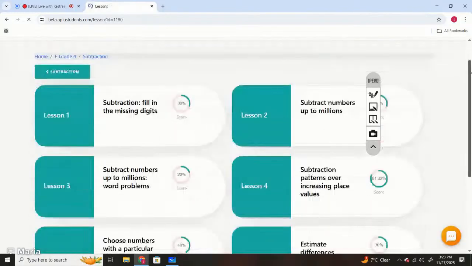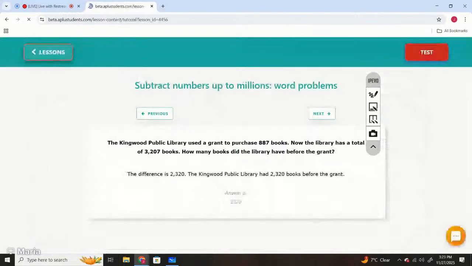The next lesson is subtract numbers up to millions word problems.